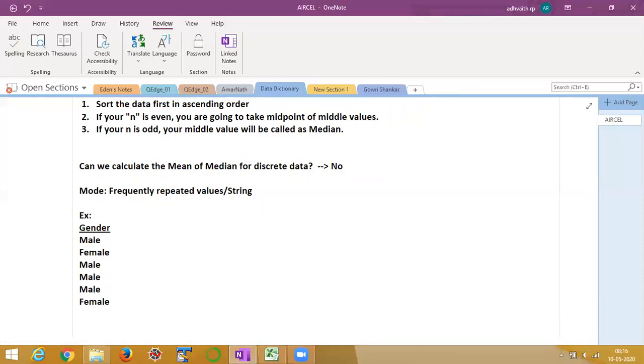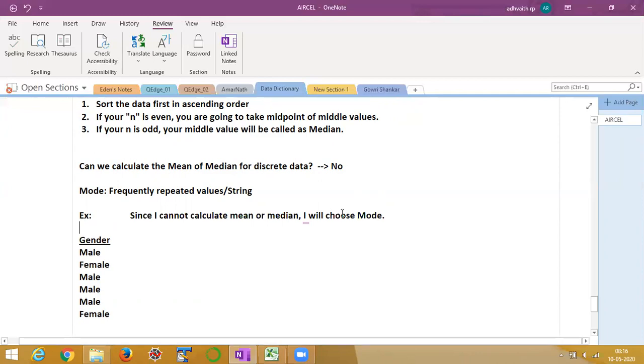Since I cannot calculate mean or median on this kind of data, I will choose mode, which will help me identify the most frequently repeated value. So male is repeated the highest number of times.